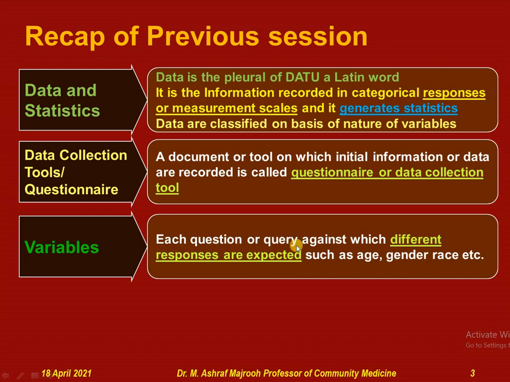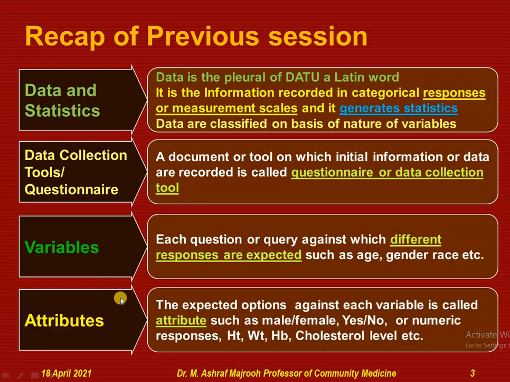Each question or query against which different responses are expected, such as age, gender, race, these are known as variables. The expected options against each variable are called attributes, such as male versus female, yes/no, or numeric responses like height, weight, hemoglobin, and cholesterol levels.